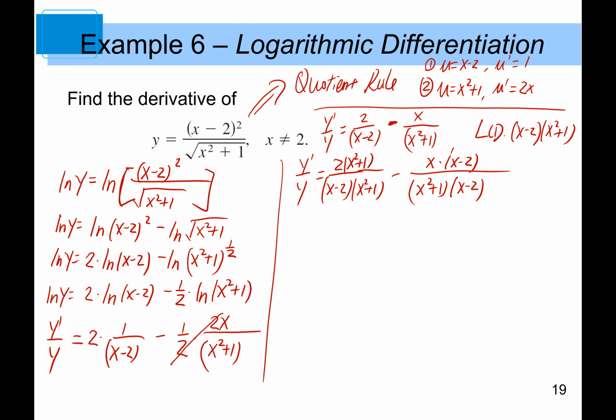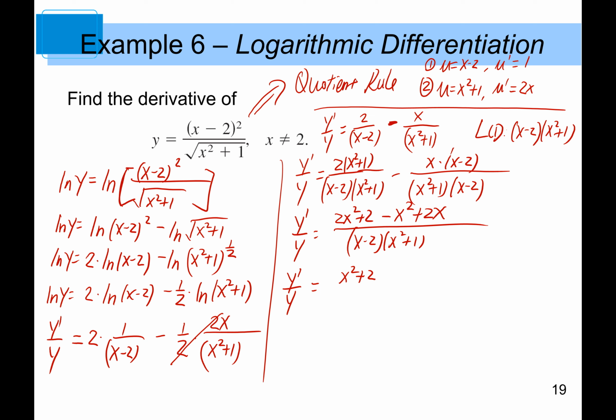Now they are like fractions with the same LCD. Expand it, we get 2x squared plus 2 minus x squared minus x times minus 2, which becomes 2 plus 2x. Simplify the expression, so you end up with y prime over y equal to x squared plus 2x plus 2 over (x minus 2)(x squared plus 1).